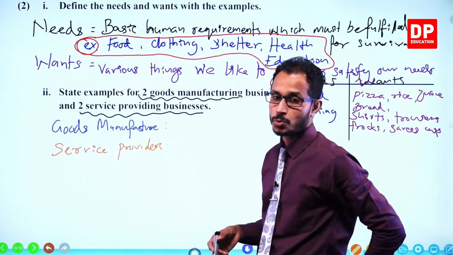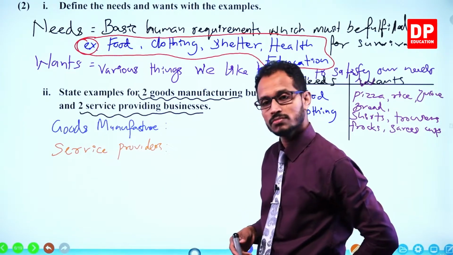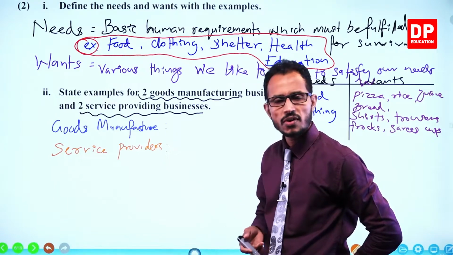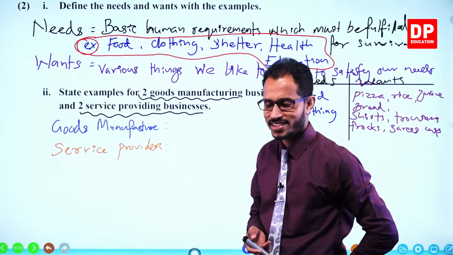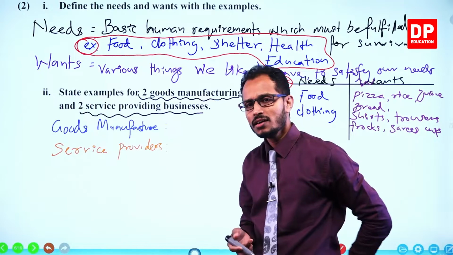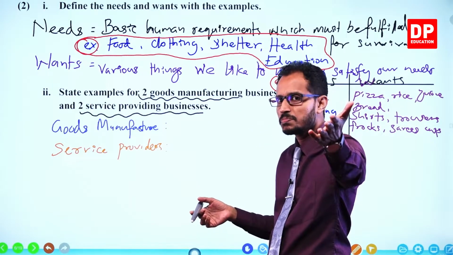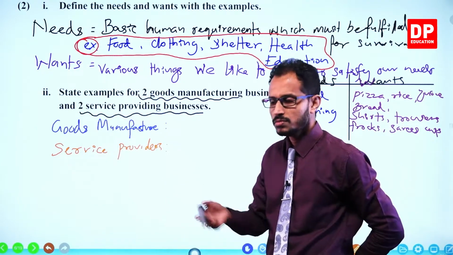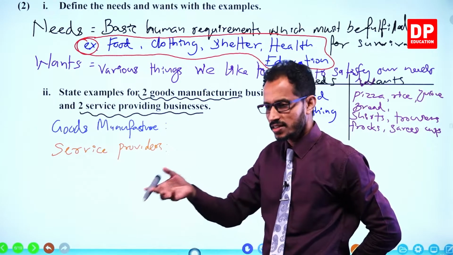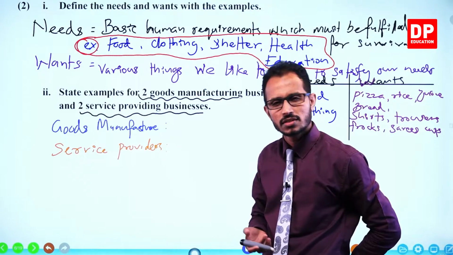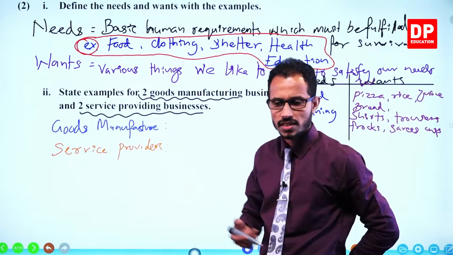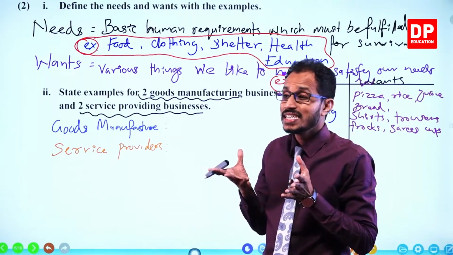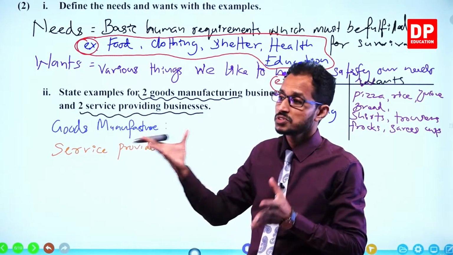It's correct, no problem. You can write a salon. A hospital. A private school, let's say, international schools, then government schools, all are service providing. The schools are providing you educational services.